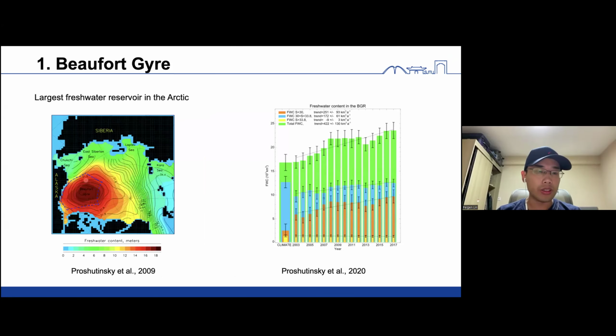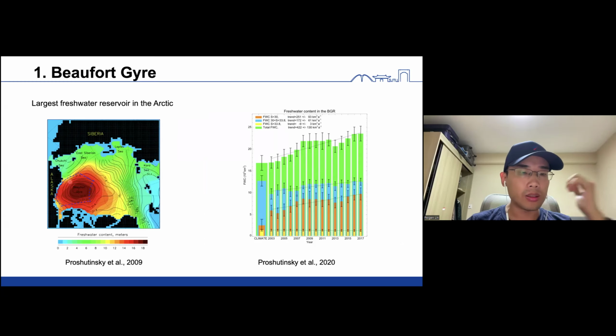And this plot is from Prochaski, my colleague in Wuzhou. They made a plot of the freshwater content in units of meters for the entire Arctic Ocean. And then you could see that most of the freshwater is concentrated in the Beaufort Gyre region or Canada Basin. And this is the largest freshwater reservoir in the Arctic Ocean.